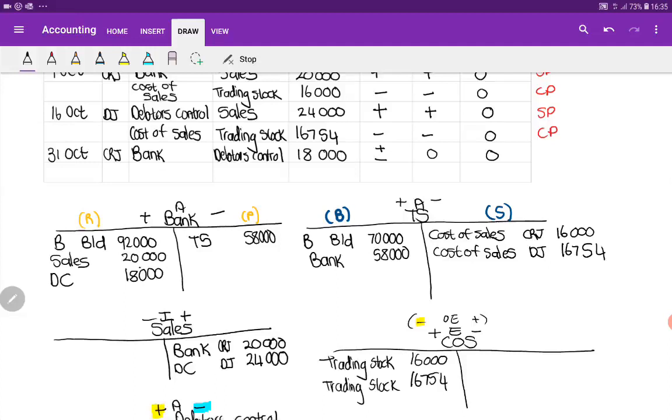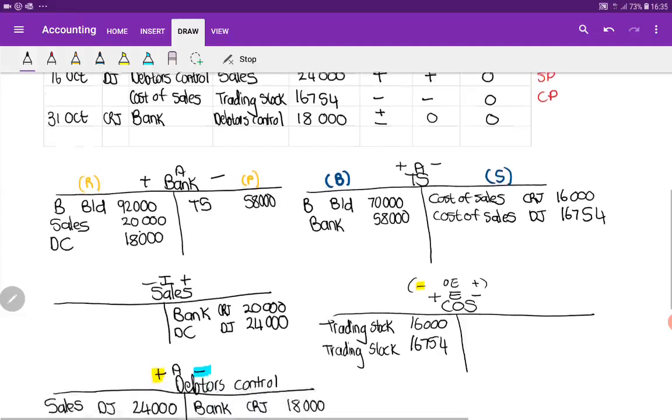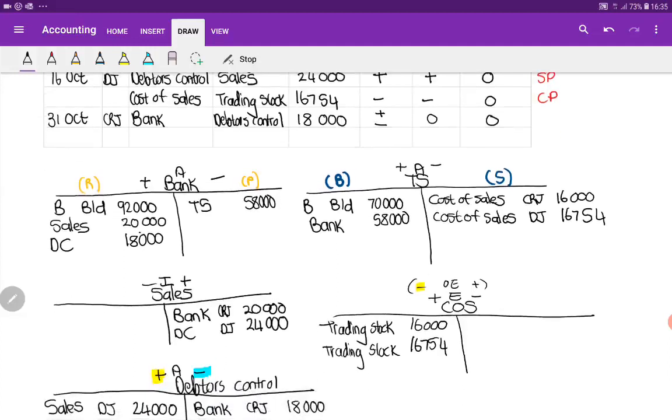Right, so now at the end of the month, if we want to know how much money is in our bank account, all we need to do is balance this account. So if I take the debit side and start adding up 92,000 plus 20,000 plus 18,000, the debit side is equal to 150,000.